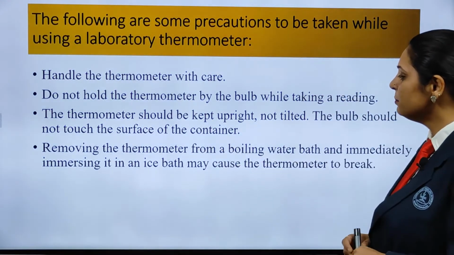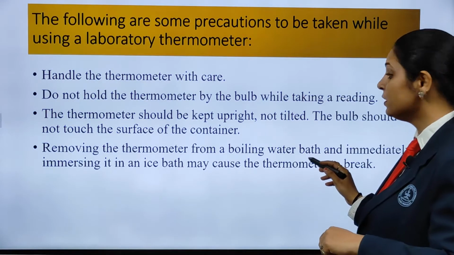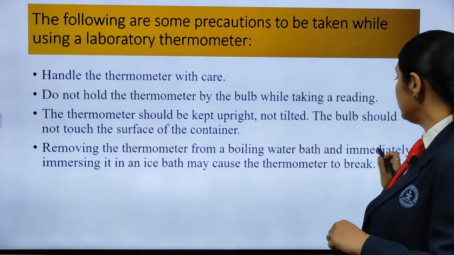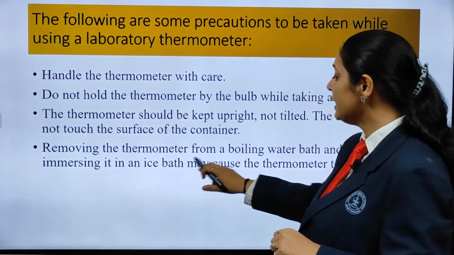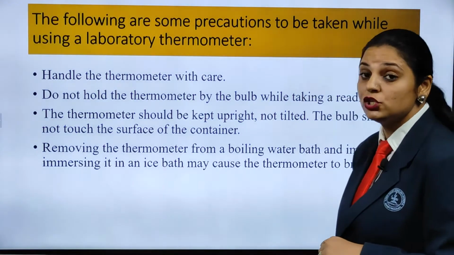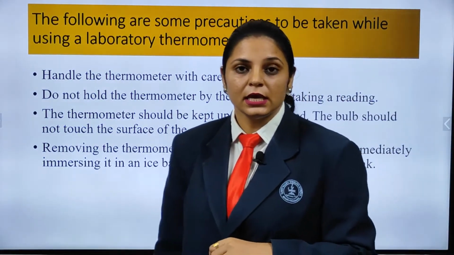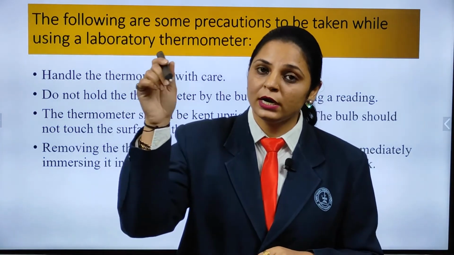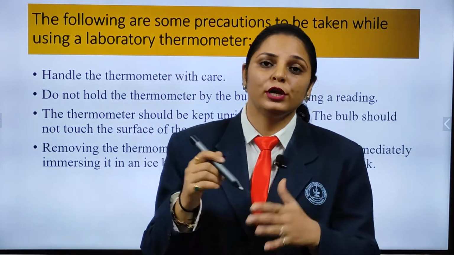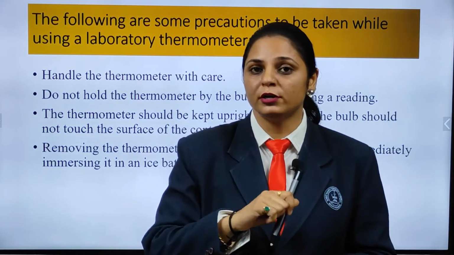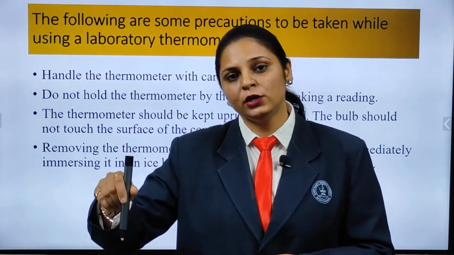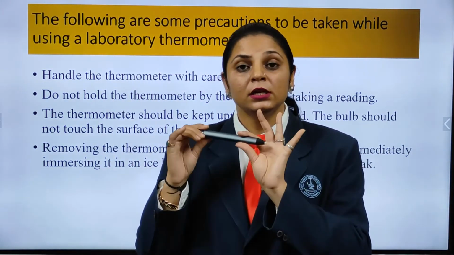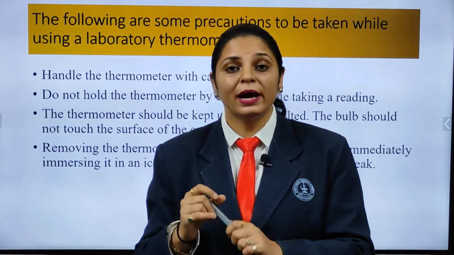Removing the thermometer from a boiling water bath and immediately immersing it in an ice bath may cause the thermometer to break. Why? Suppose you check the temperature of boiling water, and suddenly you drop it into ice cold water, the thermometer will break. Why does it happen?